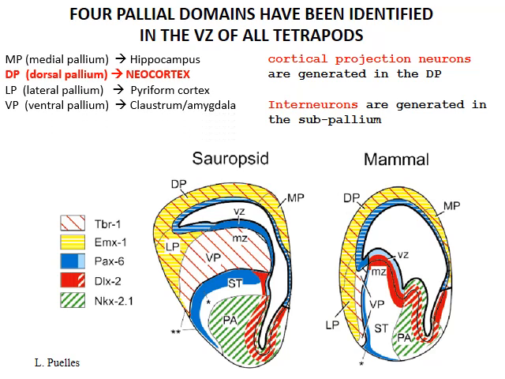By contrast, projection neurons are generated in one of these 4 pallial domains, that is the dorsal pallium, and undergo a much shorter trip, migrating radially.